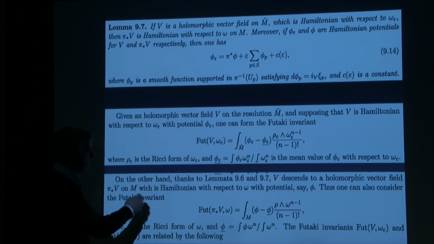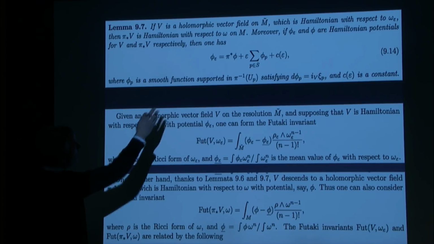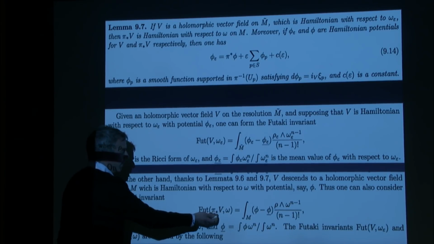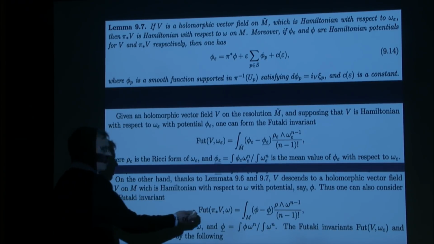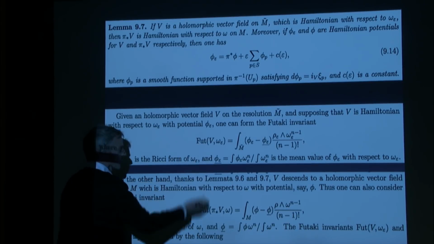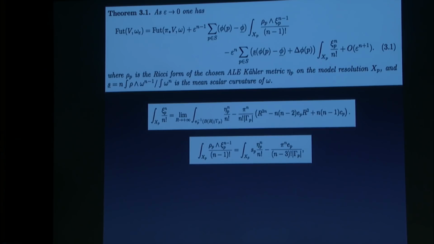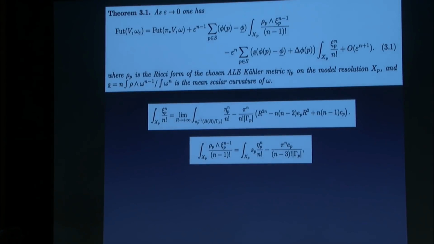Now we know it's still Hamiltonian, and we have this relationship about the potentials. So we also have the Futaki invariant downstairs on the orbifold. Of course, you can ask the question in general: what is the relationship between these two? And this is what we achieved in this formula here.